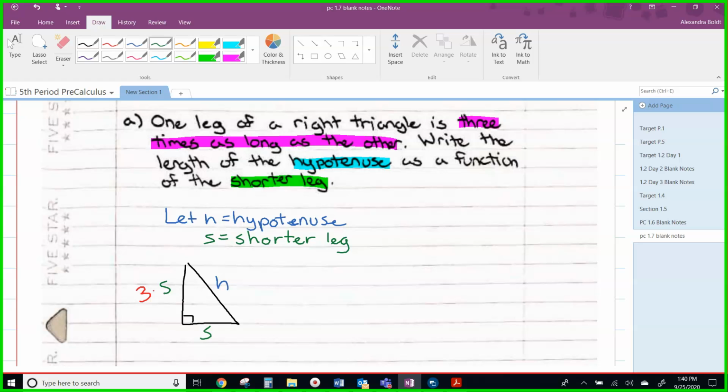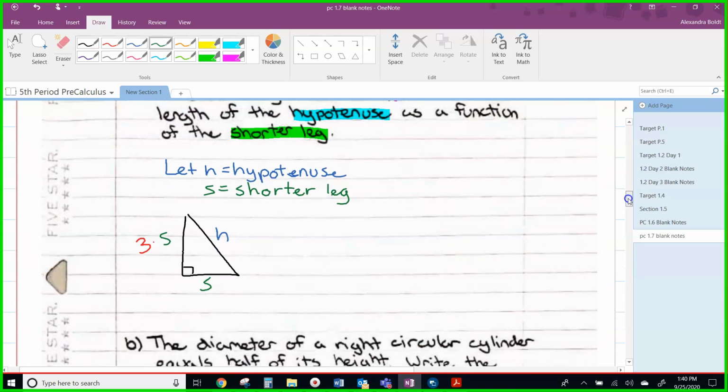Now I want an equation that relates these things. So a lot of times with these, we have to think back to things we've done before. Well, if I have a right triangle, then I know I can use Pythagorean's theorem. Remember, a squared plus b squared equals c squared. So I'm just going to put my variables into this equation.